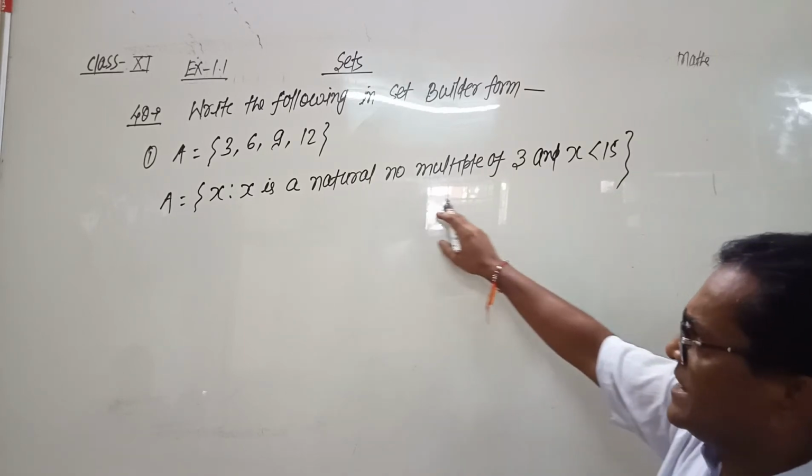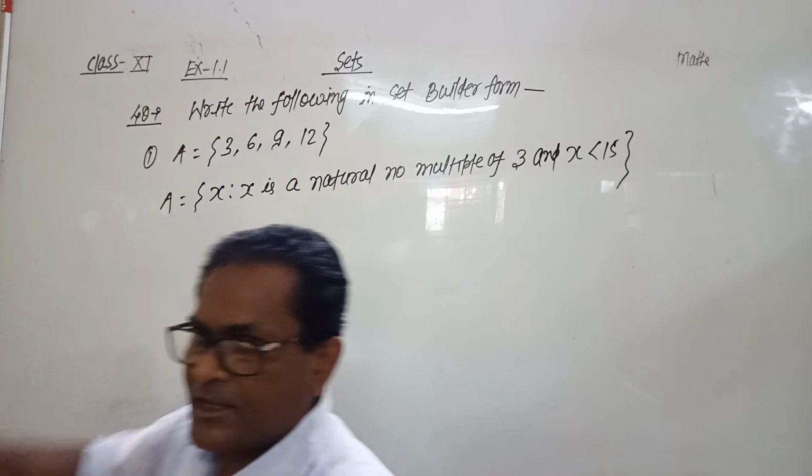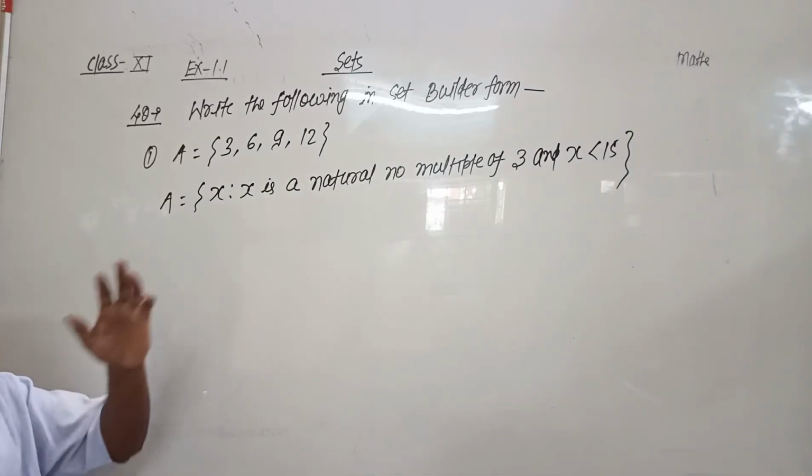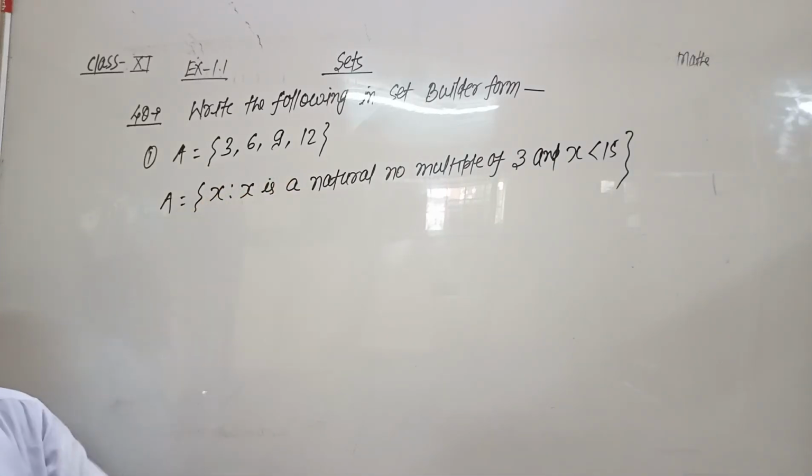So x such that x is a natural number. All these are natural numbers and they are multiples of 3 and these values are less than 50.